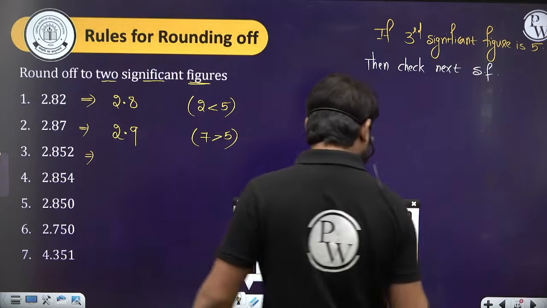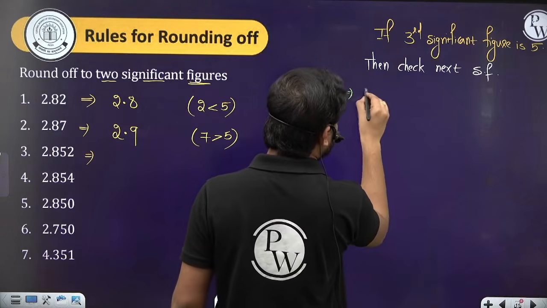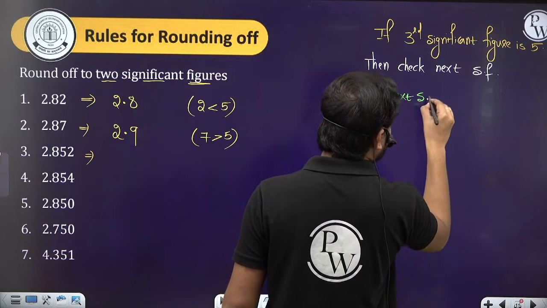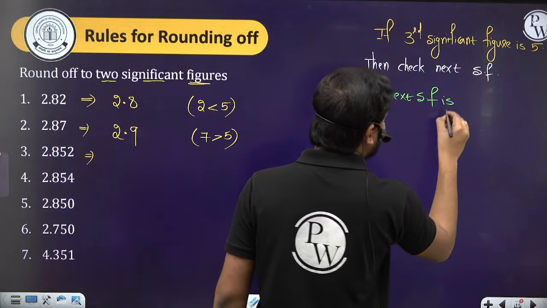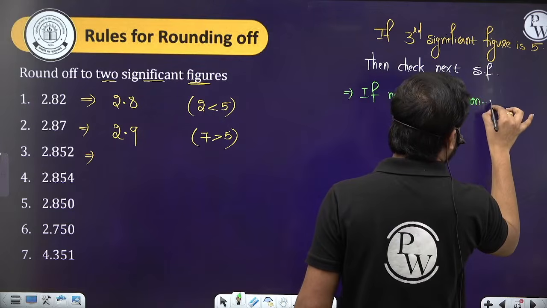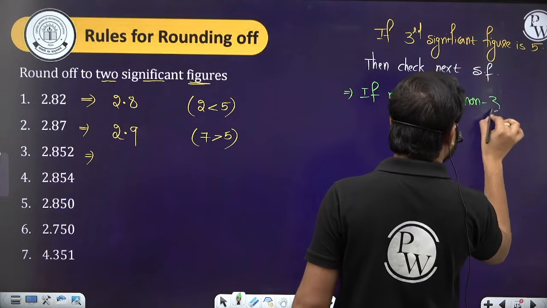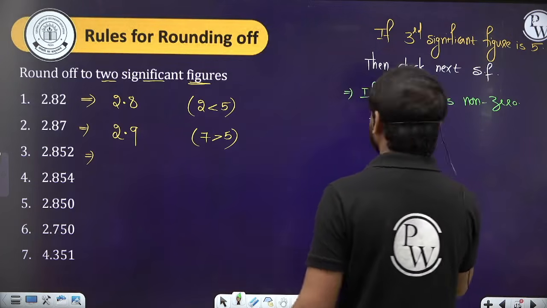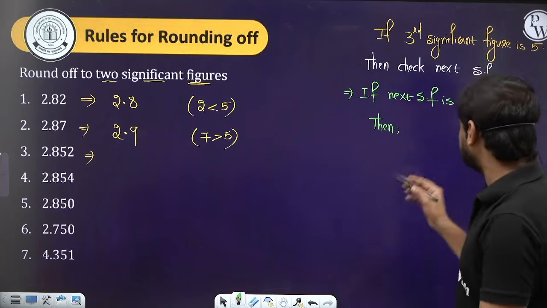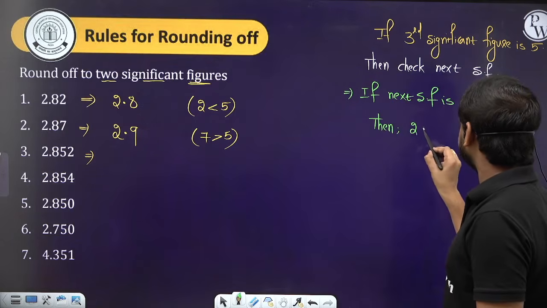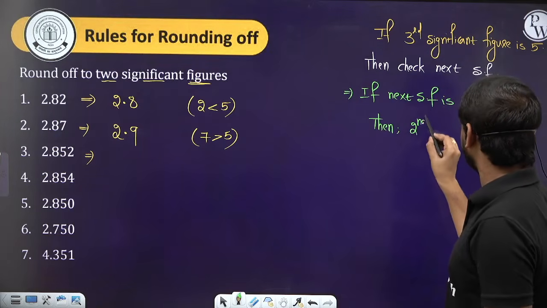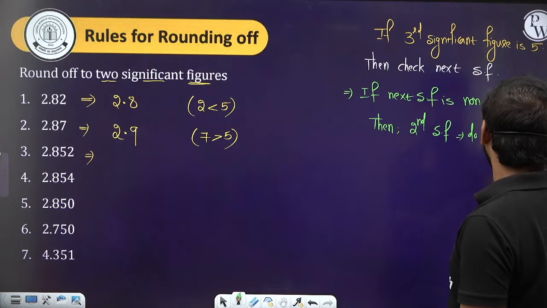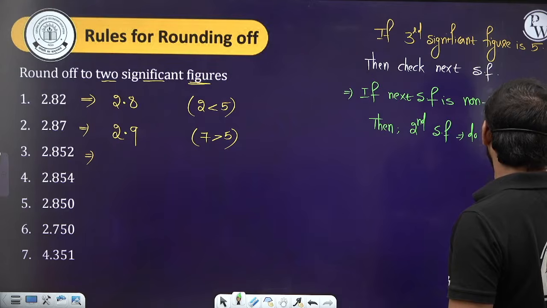If the next significant figure is non-zero, then keep it as it is. The second significant figure, do not change. I'll tell through an example so that you'll understand better.